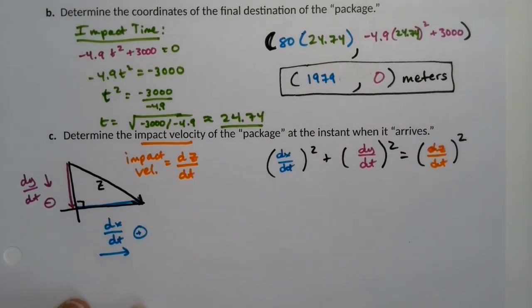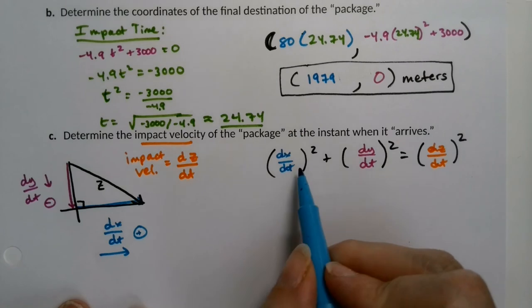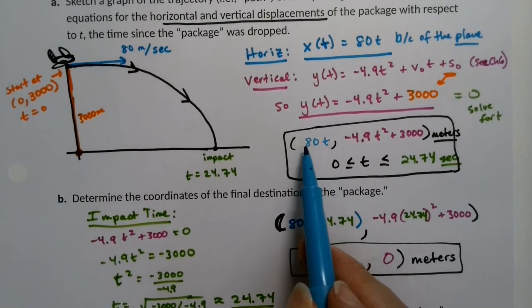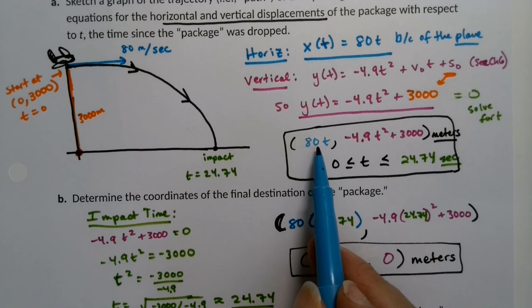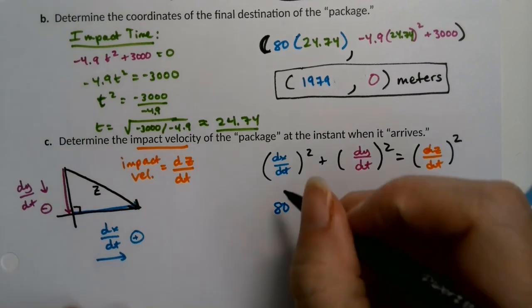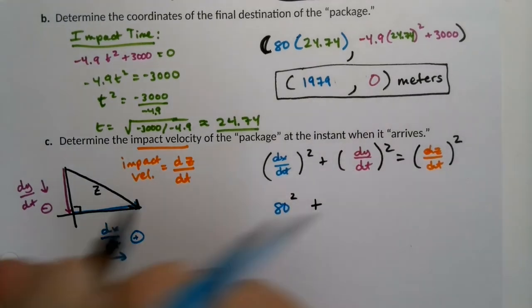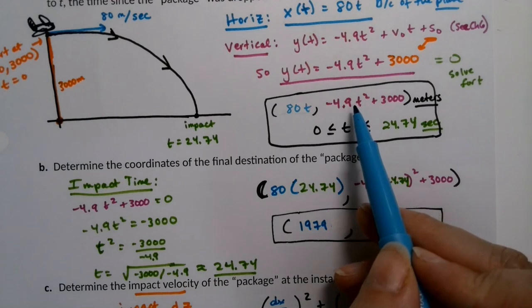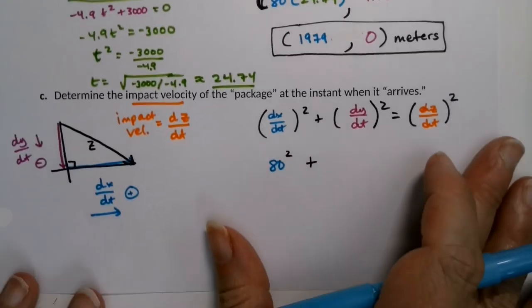Okay. So dx/dt, well, that's the derivative of x. So the derivative of this with respect to t is 80. So this will be 80 squared, plus the derivative of this, which would be, well, the acceleration due to gravity, negative 9.8 t.